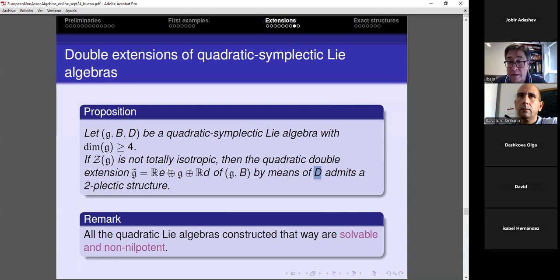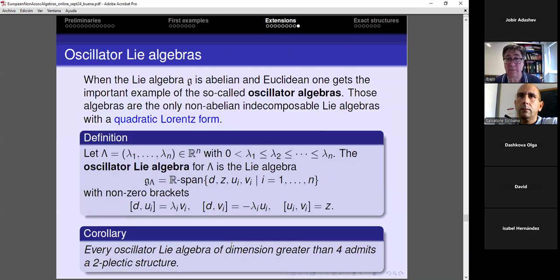And one of the cases that is very, very important, or at least very interesting for its importance in physics, is the case of the well-known oscillator algebras. The oscillator Lie algebras are the only Lie algebras which admit a quadratic form which is Lorentzian, Lorentzian in the sense that it has signature (1, n-1). So they are of index 1. Well, they are constructed that way.